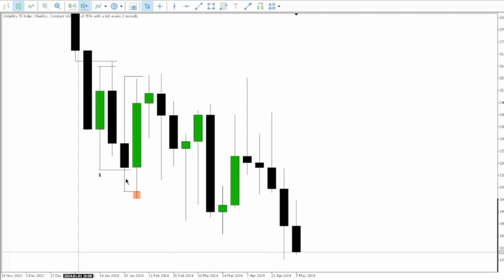I mean, this is not the first one. If you look back, you're going to see this one here, right? So remember how the power of 3 works. Open, low, high, close. Open, high, low, close, actually, for a bearish candlestick. So price opened, went high, took out the previous weekly low, and it also rebalanced a fair value gap, right?